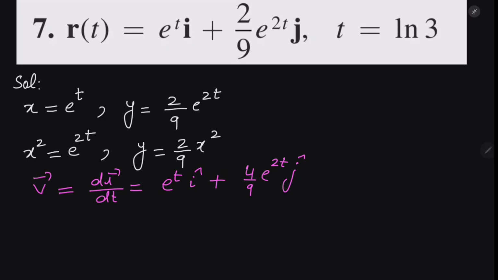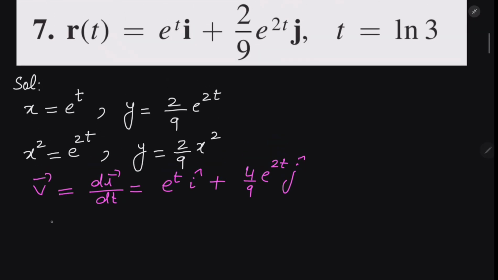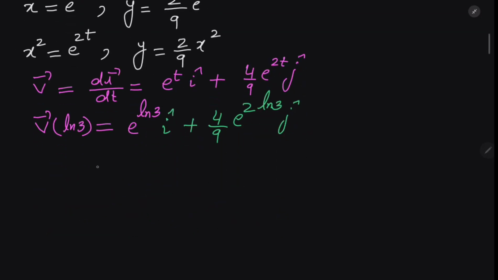Similarly, for the acceleration, first you need to find the velocity at natural log of 3. e raised to power natural log of 3 i plus 4 over 9 e raised to power 2 natural log of 3 j.